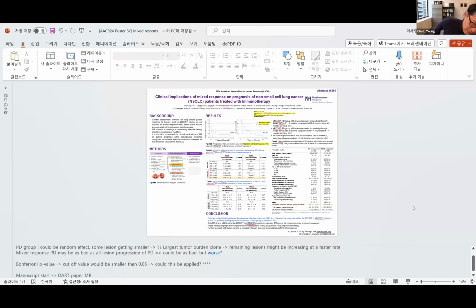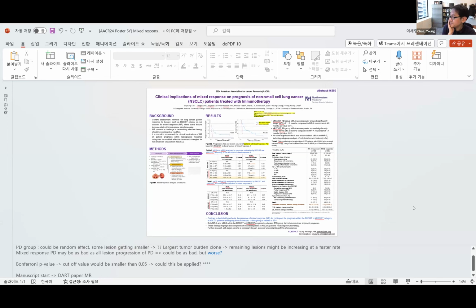So Liam and Sally, let's make a list from our lab of what abstracts got in and who's the project lead and everything. Let's come up with a summary. And then Liam, for the DART mixed response project, I think you've been the project lead for it, but I want Seong, because she did this, and then Dr. Seungwon to be involved in actually writing the manuscript together.